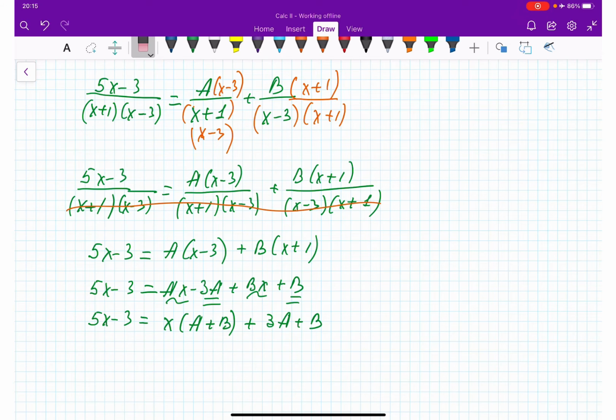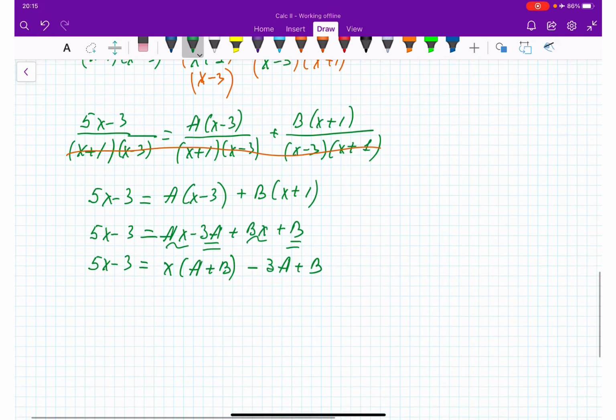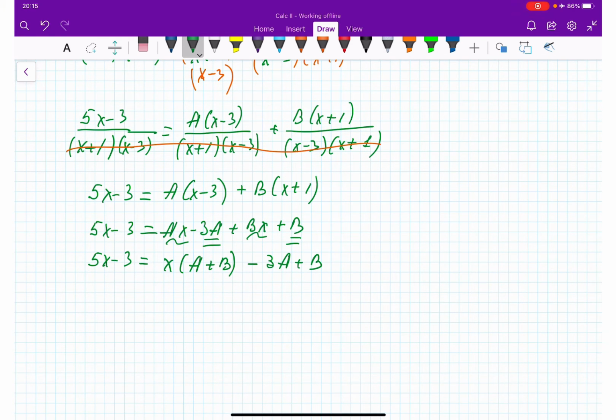Minus 3a plus b. Okay, now if we compare, look here, 5x is this, and 3 is this one. Yes?